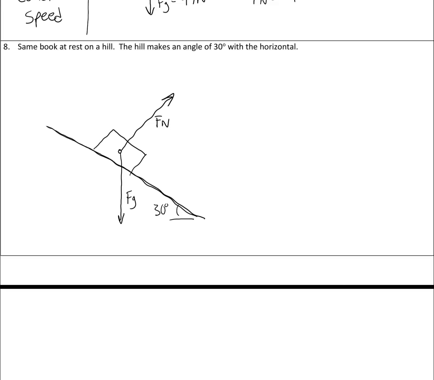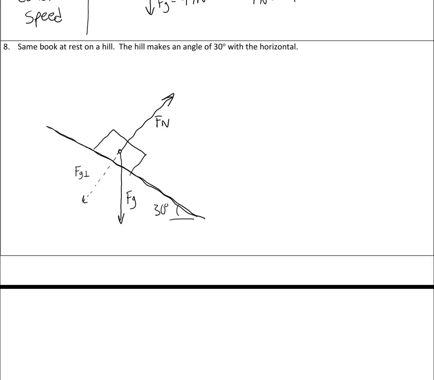So we want to draw a right triangle, and what some of my students do is they'll just keep on making the line until they feel like, hey, there's a right triangle. No, no, no. You don't draw it that far. You just draw it about this far, because this is the component of the weight that's perpendicular to the hill.